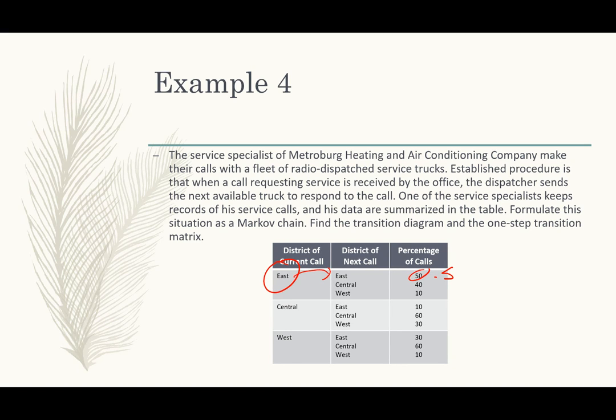If he's in east, the probability of him going to central for his next call is 0.4, and the probability of going to west is 10% or 0.1. So that's how this is broken down. It's telling us where he is right now and the probabilities of where he'll be on his next call.